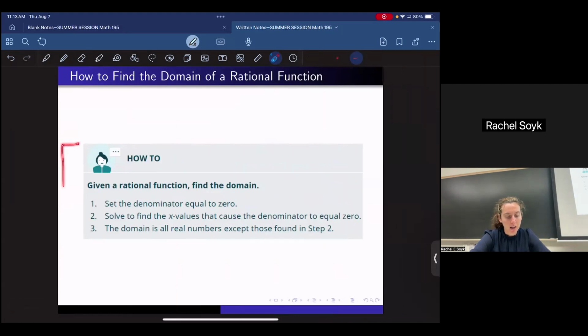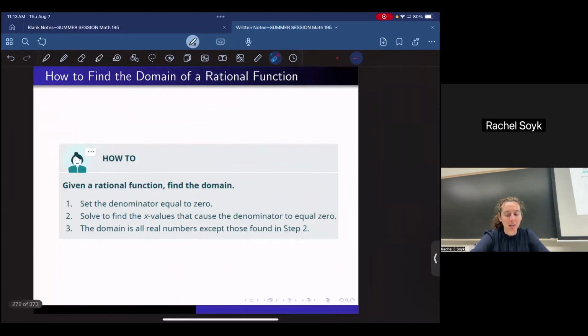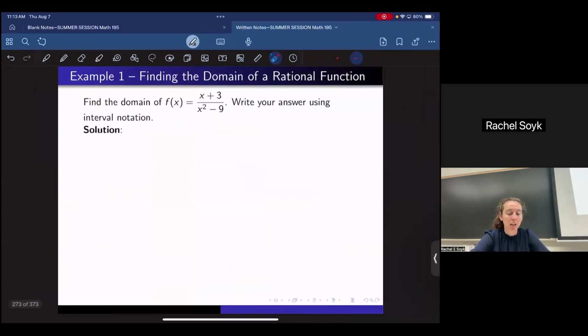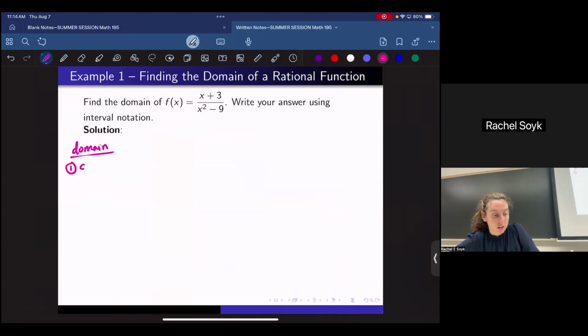This is just a slide stating the step-by-step procedure in finding domain, which you guys know already. So why don't we just jump into our first example where we're asked to find the domain of this function. So again, domain, what are those 2 restrictions?